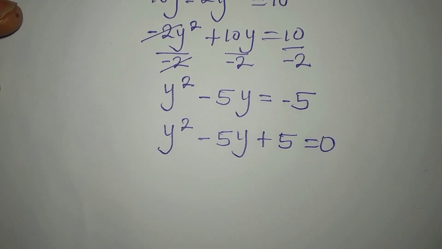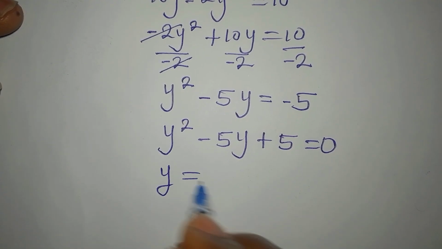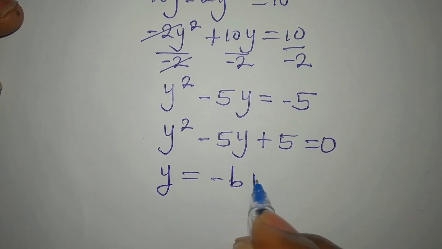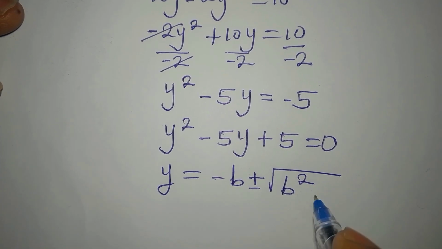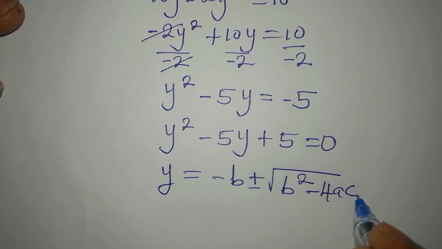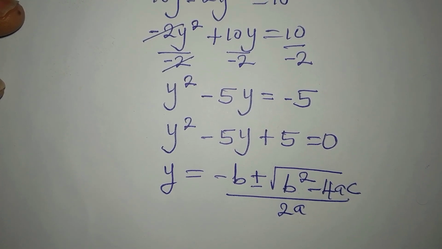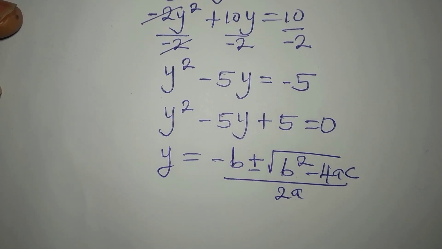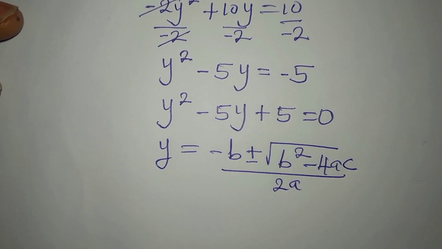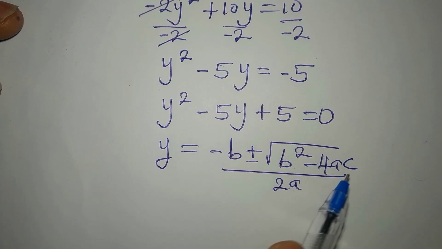Quadratic equation. And we have this formula to use. y equals minus b plus or minus the square root of b squared minus 4ac, all divided by 2 times a. Right? Now, the next thing is to get our a, b, c, because in this formula we have a, we have b, we have c.